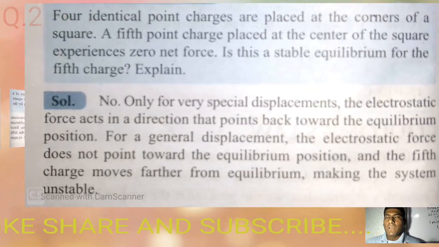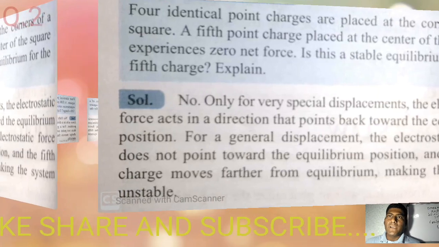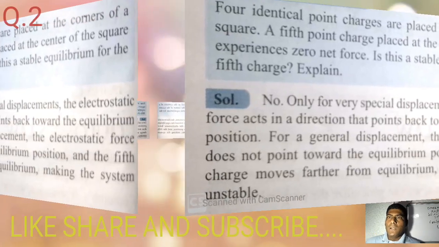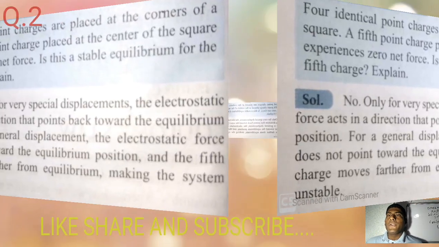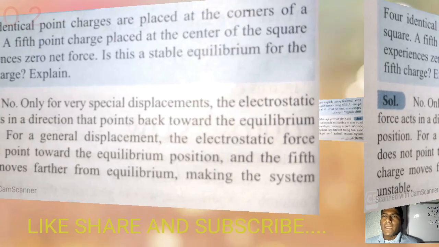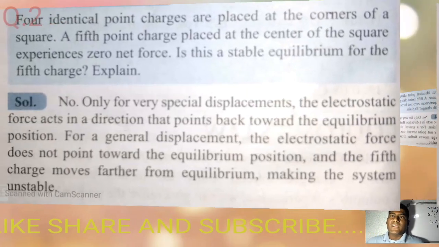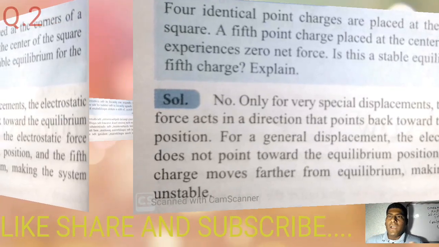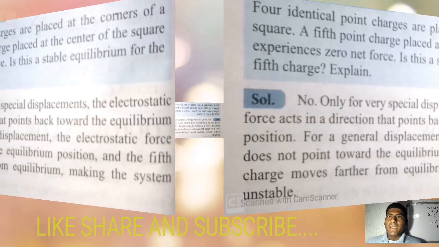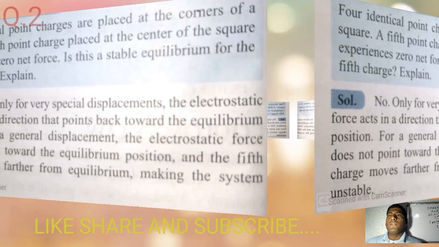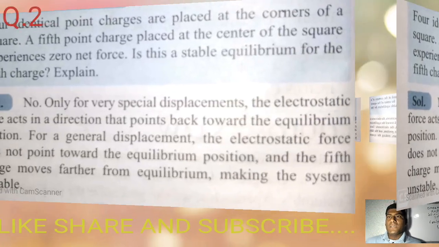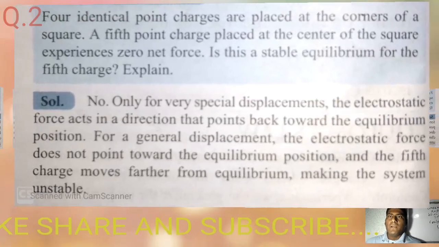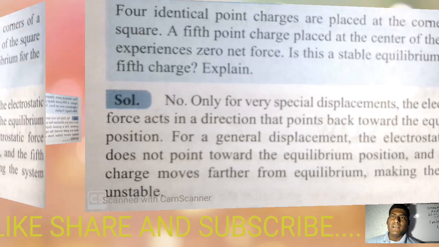Now the question is whether this equilibrium is stable or not. First of all we have to know what we mean by equilibrium. Equilibrium is the state of a particle where if you apply force, then after the removal of the force it will regain its equilibrium position, or it will move towards its center.